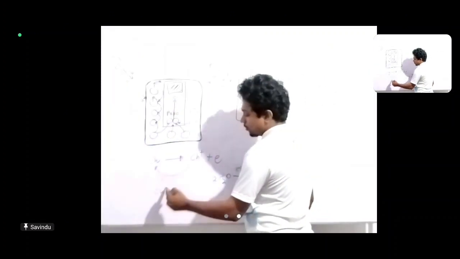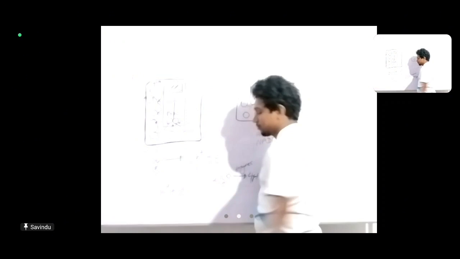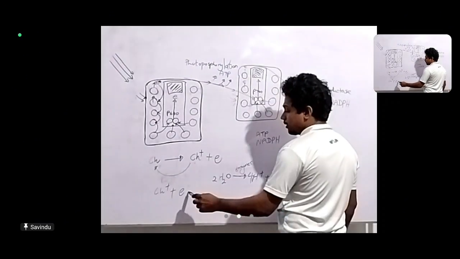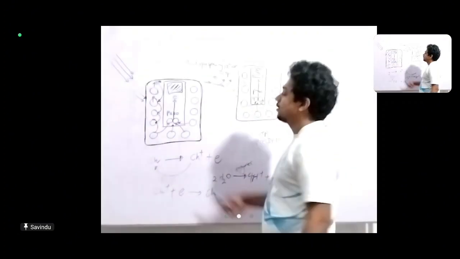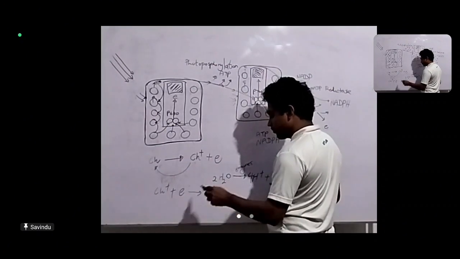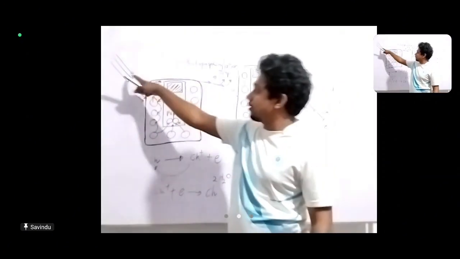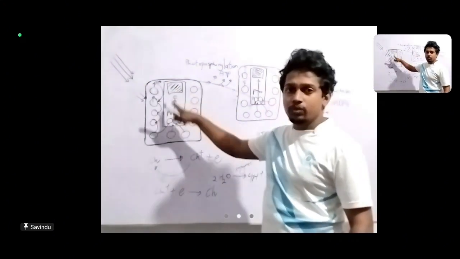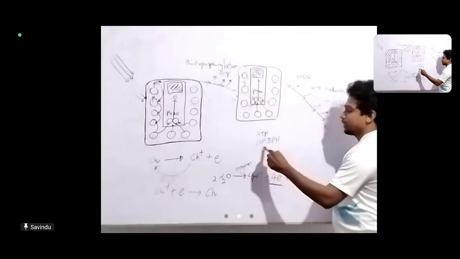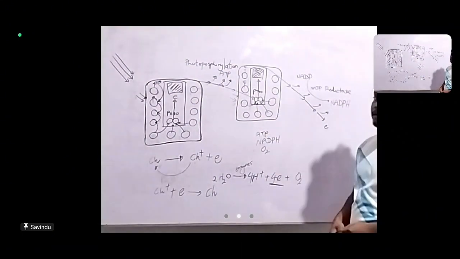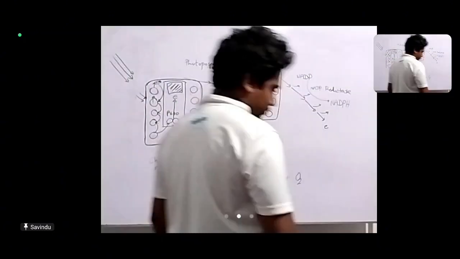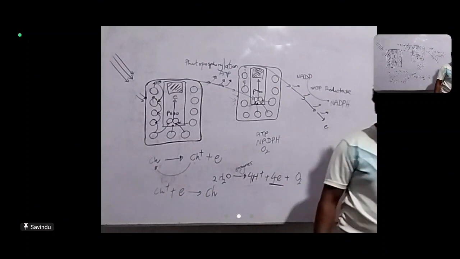So chlorophyll plus gets an electron, then it turns back to chlorophyll, and chlorophyll can absorb more light again. And oxygen. So finally what is our result? Oxygen is also there. Okay? That is the light reaction. Okay, give me 1 minute, have a little look.